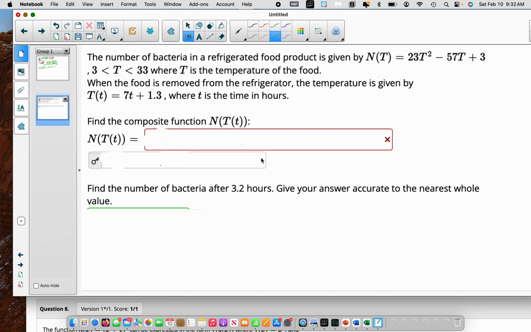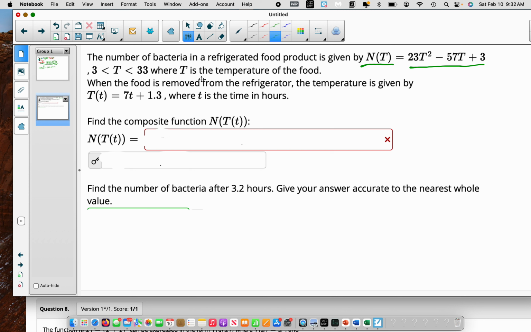All right, let's look at this word problem. This is similar to the written homework that I gave you for stall speed, which is a composition of functions. So we have the number of bacteria is given by N of T equals this expression, all right?